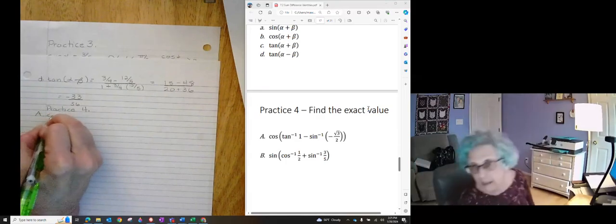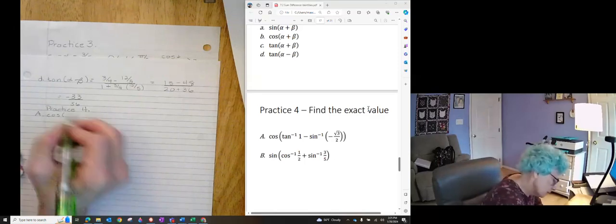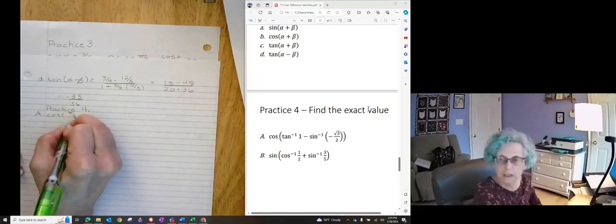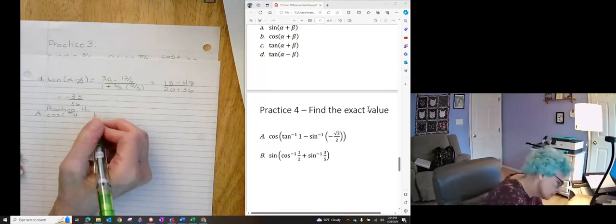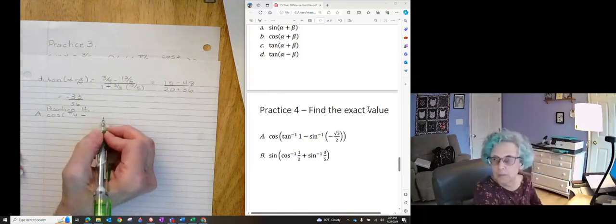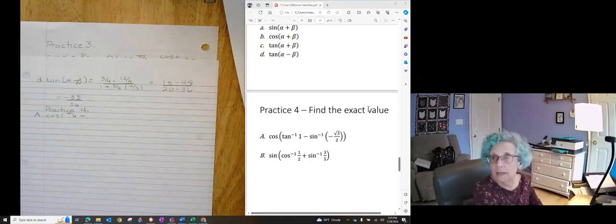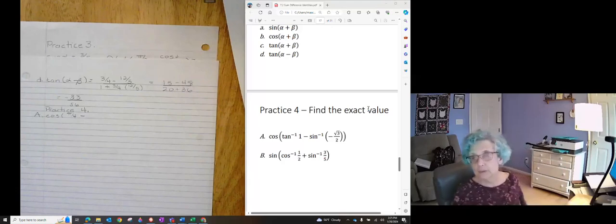Cosine of inverse tangent of 1. So cosine of the inverse tangent of 1 is pi over 4 minus the inverse tangent of negative square root of 3 over 2.